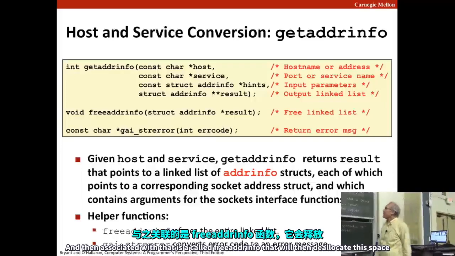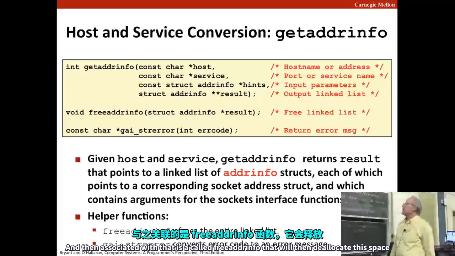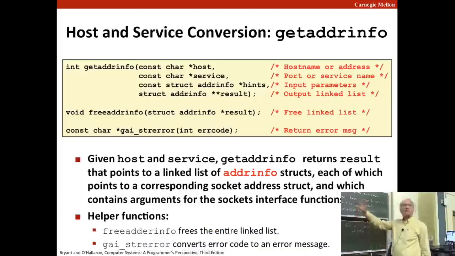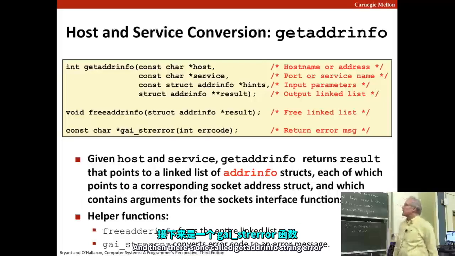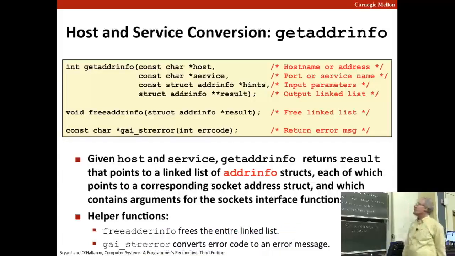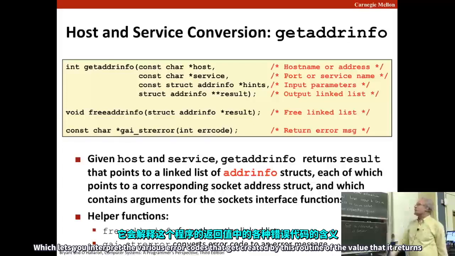Associated with that is a call called freeaddrinfo that will deallocate the space used by this data structure from the result. And then there's gai_strerror, which lets you interpret the various error codes that get created by this routine, the value that it returns.